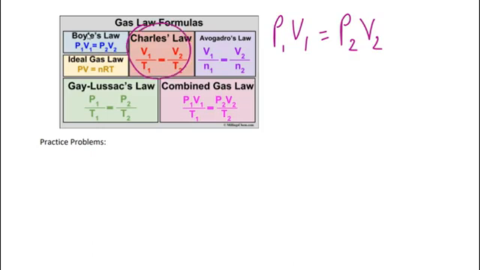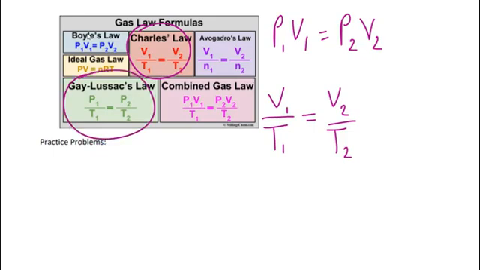And similar to Charles's law, I know that volume and temperature are directly proportional. So if I know my initial temperature and my initial volume, and I know what temperature I increase it to, I can figure out that volume. And same with Gay-Lussac's law.